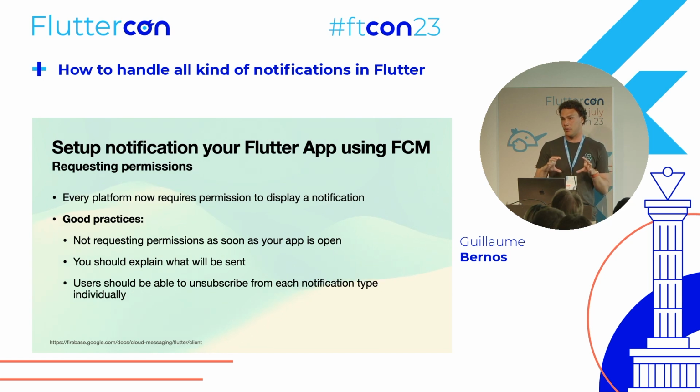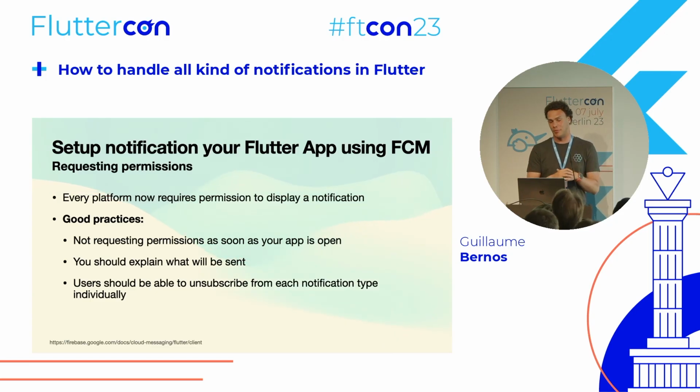Because even if on Android it's quite easy because you have channel IDs, so in your settings you will have each notification type that can be unsubscribed individually, on iOS you just have an on-off switch, so you probably want to let your user directly in your app choose which type of notification they are receiving, because otherwise they might just try to remove all notifications without checking.